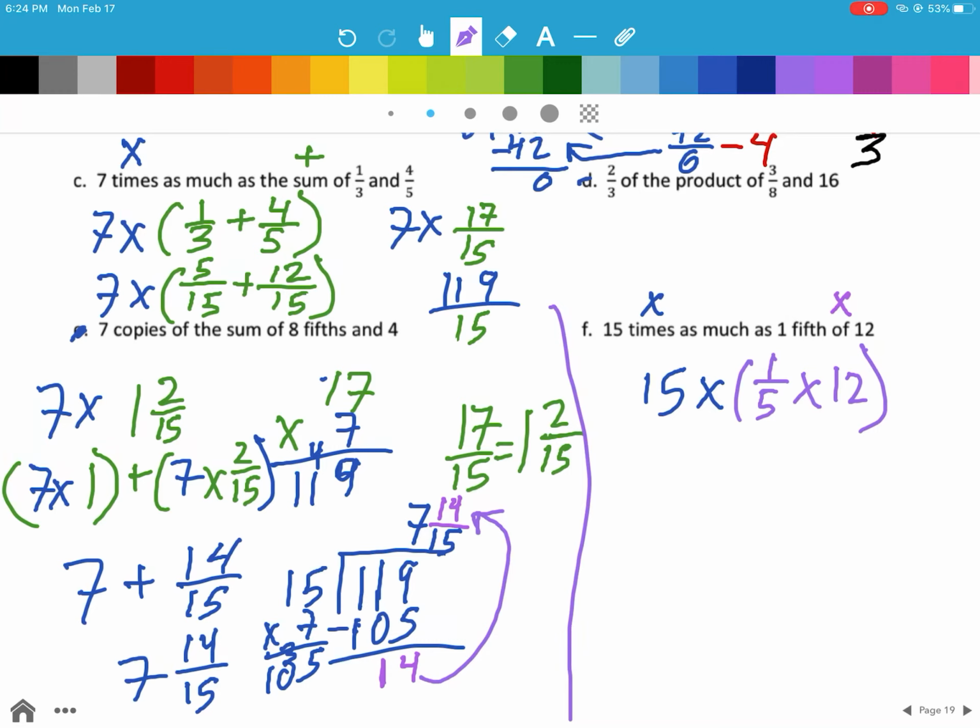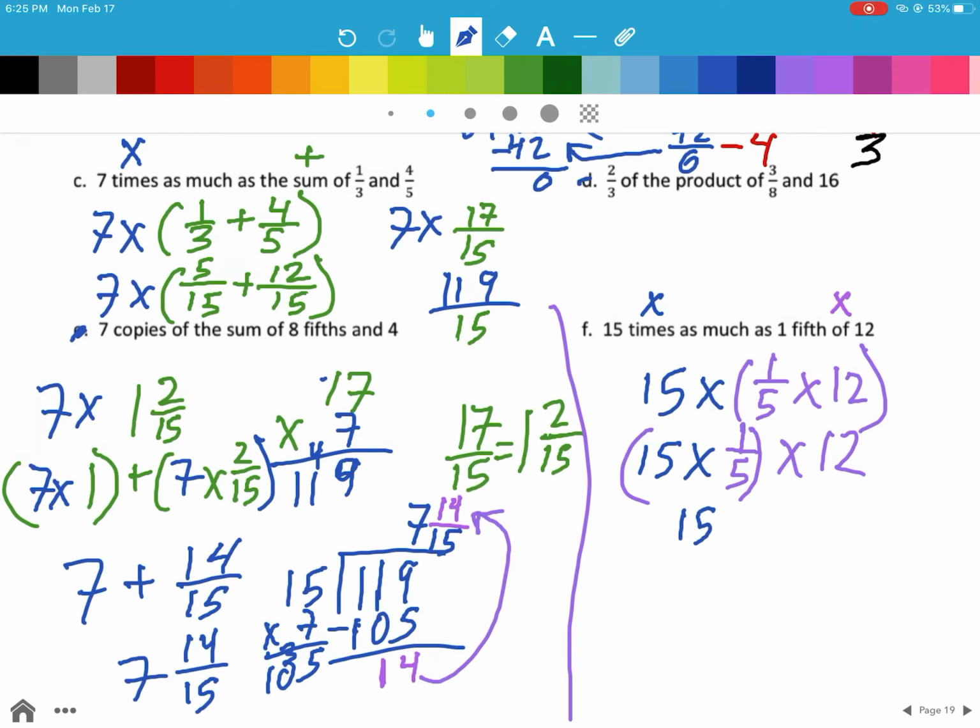Now I could move my parentheses around here because everything's a multiplication, and I can do 15 times 1/5 if I wanted. It's part of the associative property, so I could do 15 times 1/5 times 12 and put these together.